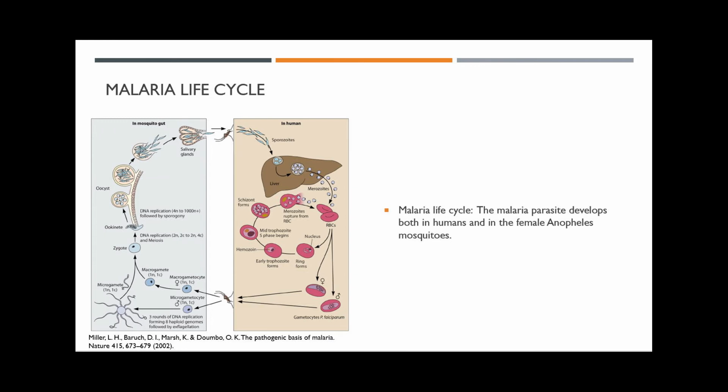In the malaria life cycle, the parasite develops both in humans and in female Anopheles mosquitoes. The size and genetic complexity of the parasite mean that each infection presents thousands of antigens, or proteins, to the human immune system.